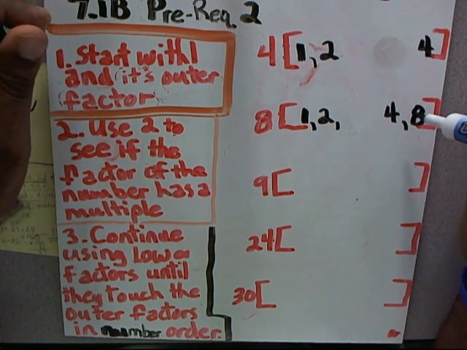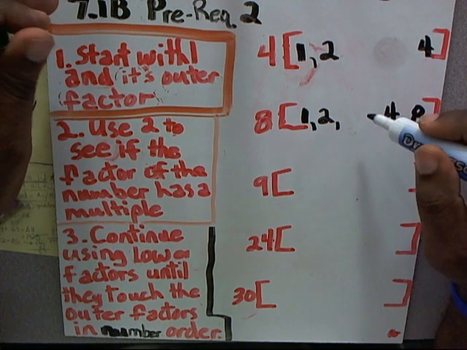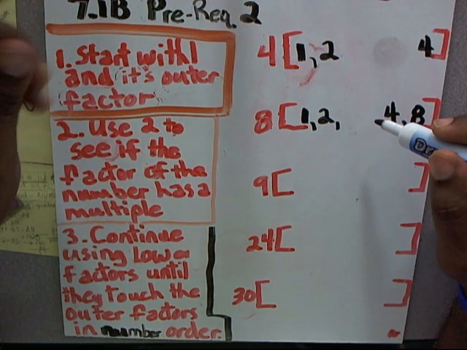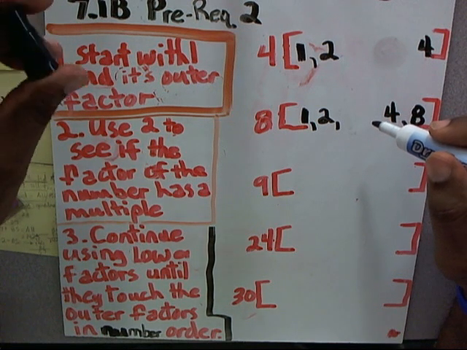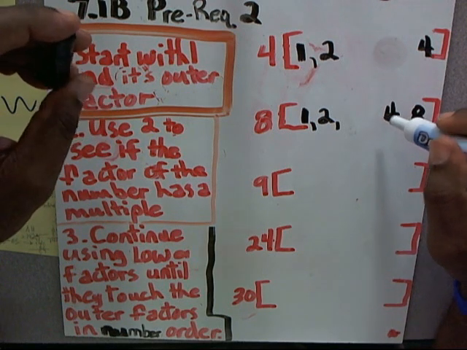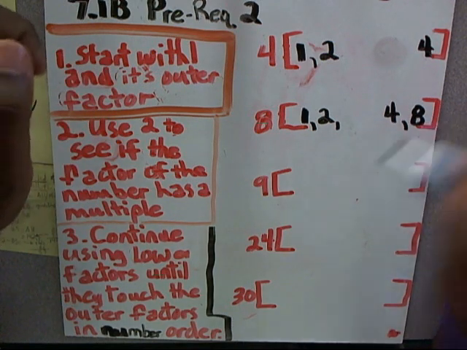What about 5? Will 5 go into it? No. So actually, we will continue using the low factors until they touch the outer factors in number order, which actually it does, since 3 cannot go into 8.